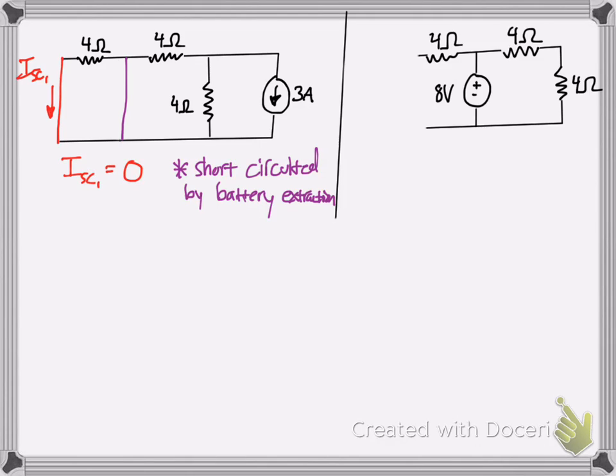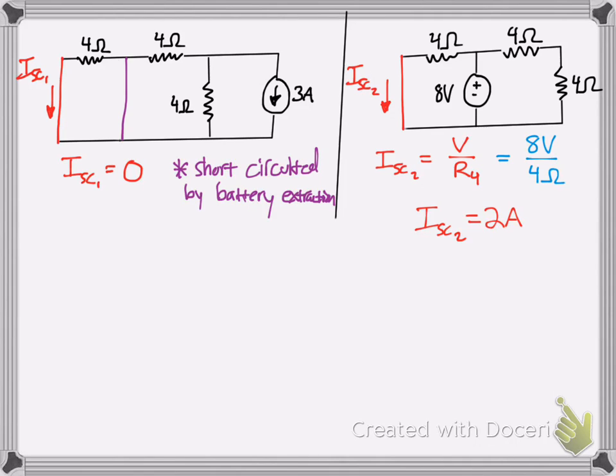Well, what happens when we remove the current source and we leave the battery? Again, we have that open circuit on the left. Now we're going to short circuit it and close it off to make it a complete circuit. We're not finding voltage, we're finding current. So we just solve this problem using Ohm's law. The current is equal to V over R. In this case, R is 4 ohms, so we have 8 volts over 4 ohms, and that gives us 2 amps for the current going through that part of the circuit.